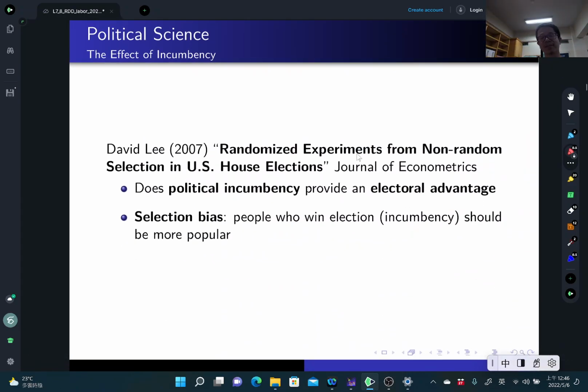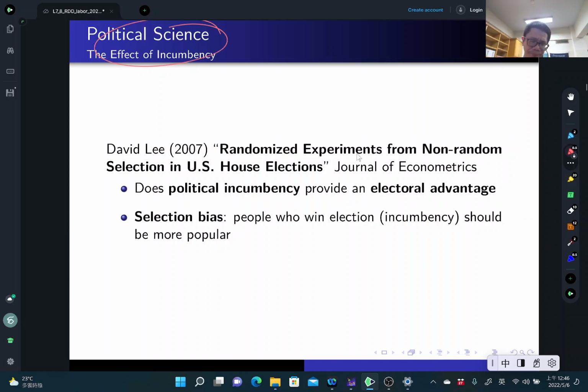So another example is from political science, political economics. They want to know whether political incumbency can provide any electoral advantage. 现任者优势.